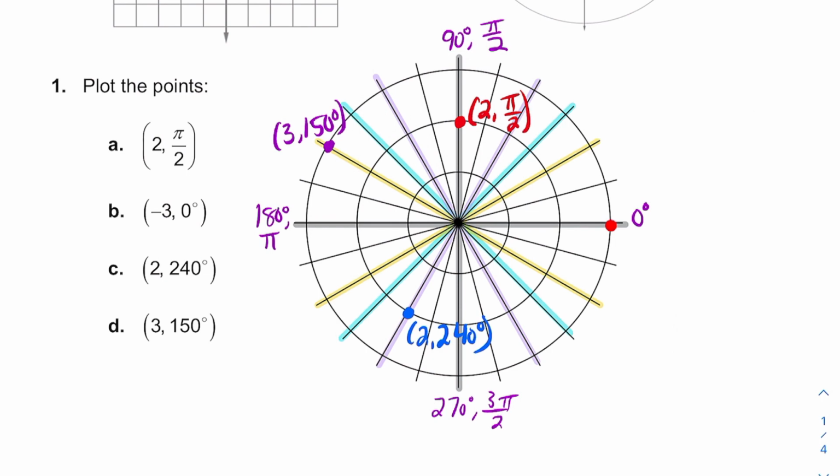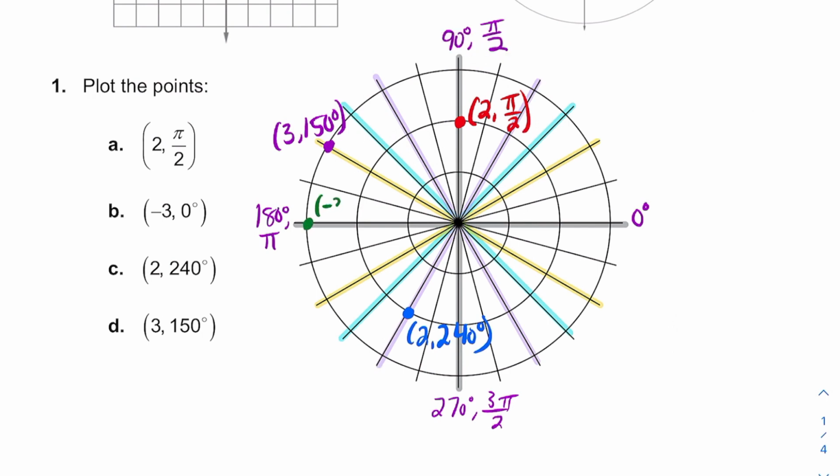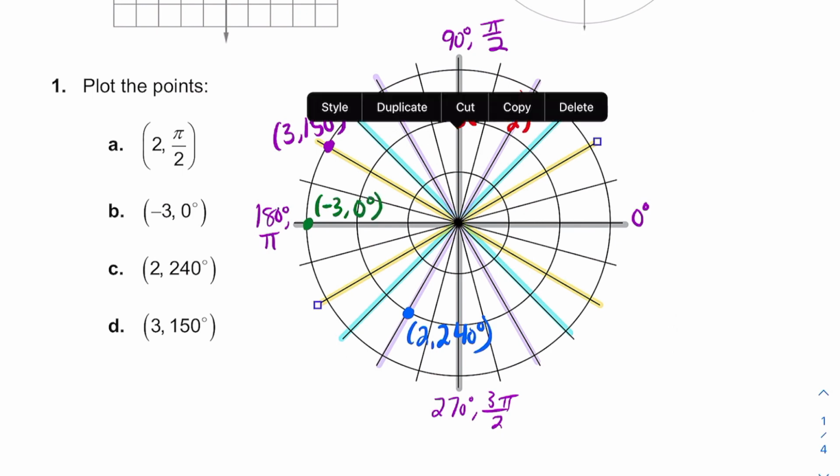So if positive 3, 0 is located where my red pointer is, negative 3 we can find by staying on the same line, but going the opposite direction 1, 2, 3 units. And that puts us right here, right on this 180 degree line. So this is negative 3 comma 0 degrees.